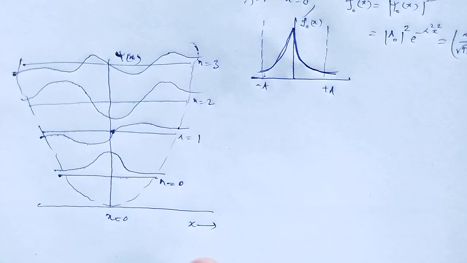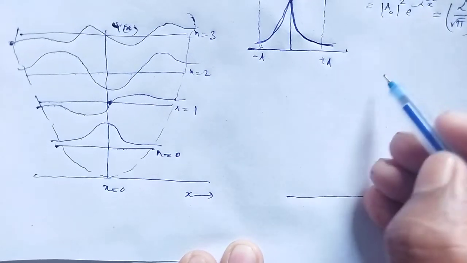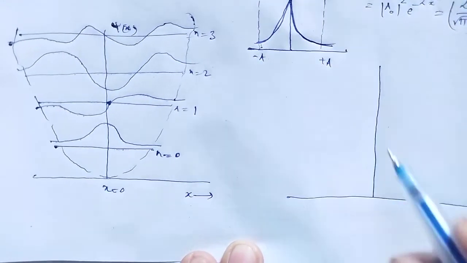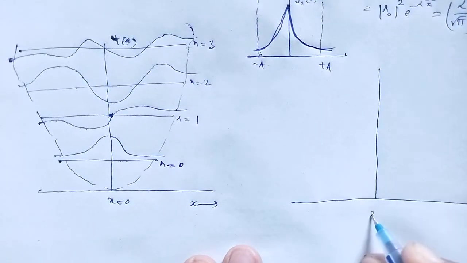And its corresponding probability density graph. The probability density is as shown, x is equal to 0.